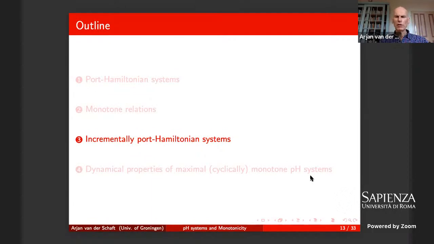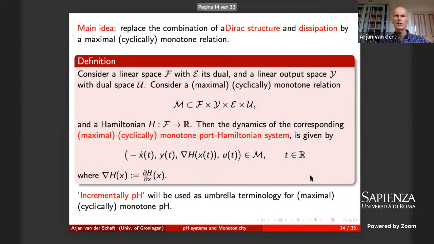All right, so that is the basic ingredient now to come to a combination of, on the one hand, port-Hamiltonian systems, and on the other hand, maximal monotone relations. Because what we do is that in this cartoon of the port-Hamiltonian system, we replace the combination of the Dirac structure, so this yellow balloon, and energy dissipation, so this brownish orange balloon.